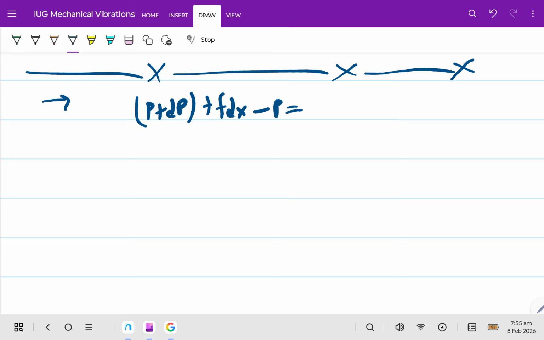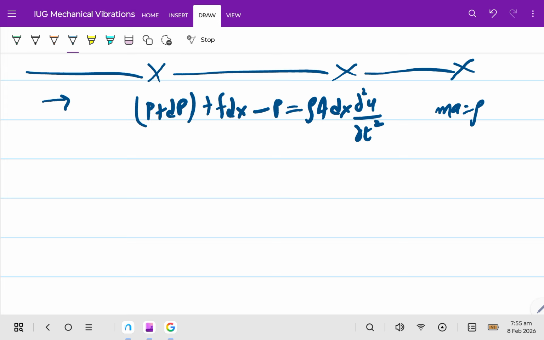This whole thing equals the inertia of the system, and inertia is basically ma. m is equal to density times volume, and times the acceleration. So we have density, A, and that's the volume, times partial squared u over partial t squared, that's the acceleration.